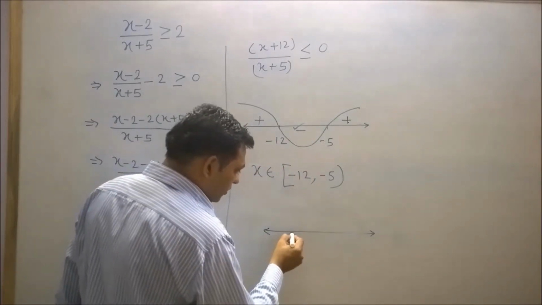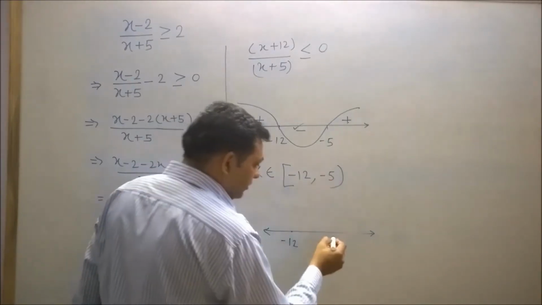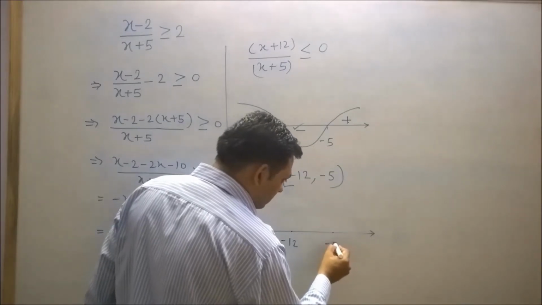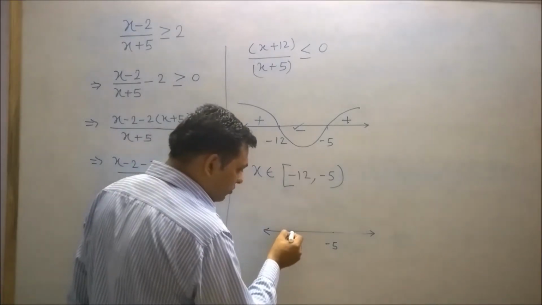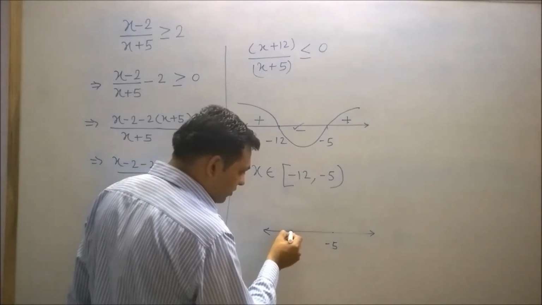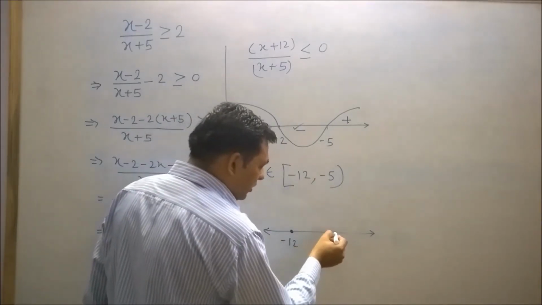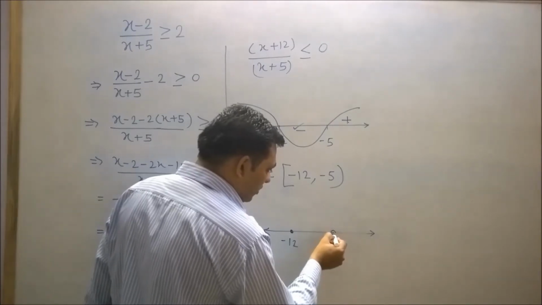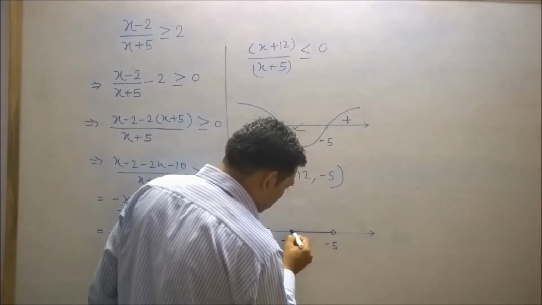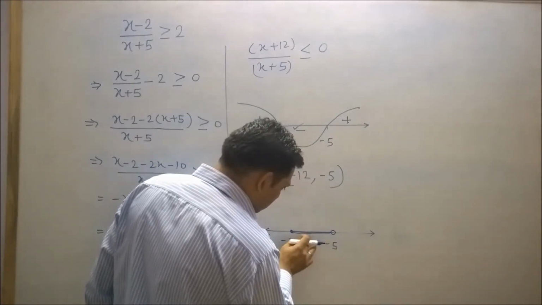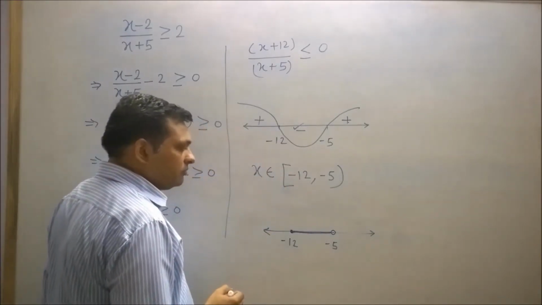Let's say this point is -12, and let's say this point is -5. -12 is a solution of the given inequality, so we will draw a filled circle for -12. -5 is not a solution of the given inequality, so we will draw a hollow circle here and draw this portion of the number line, which means these are the solutions of the given inequality.